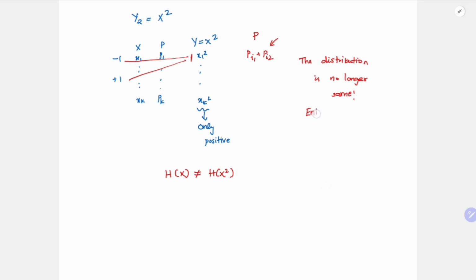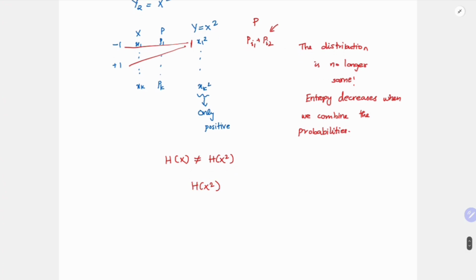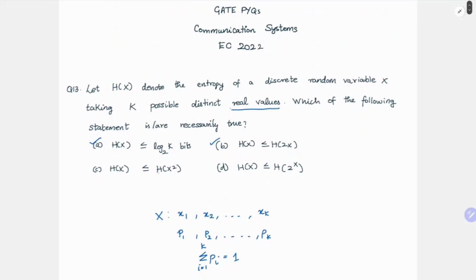So your entropy decreases when we combine the probabilities. You can give a thought to this and also try to prove it. So your h of x square is always less than or equal to your h of x, and it can also be equal, because in certain cases, if these are all positive, then there is a possibility that both distributions are the same. Okay, so is that what the option says? The option says the opposite, so this is wrong.